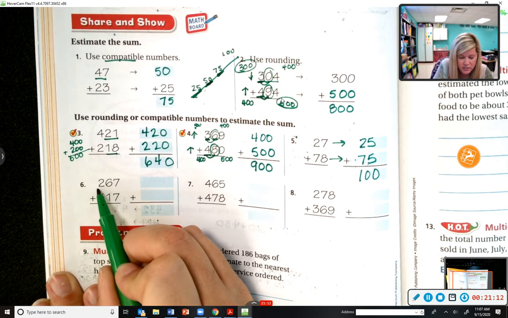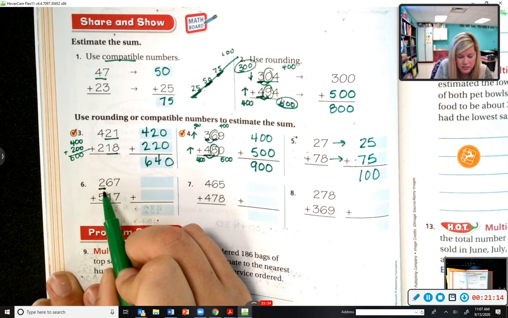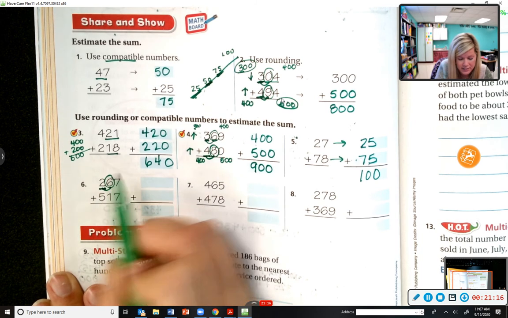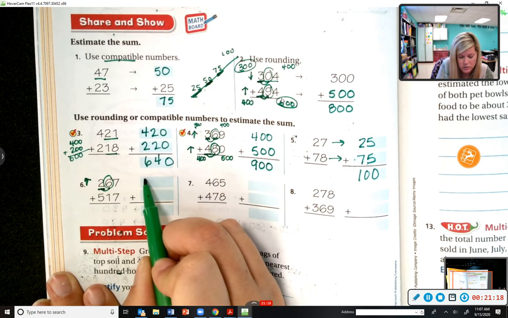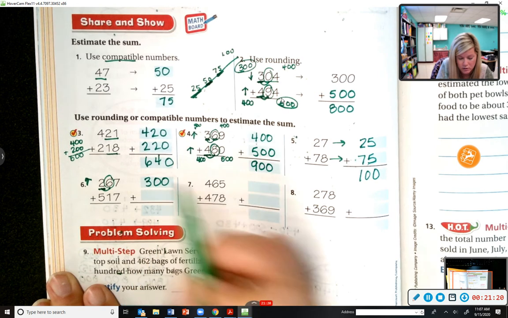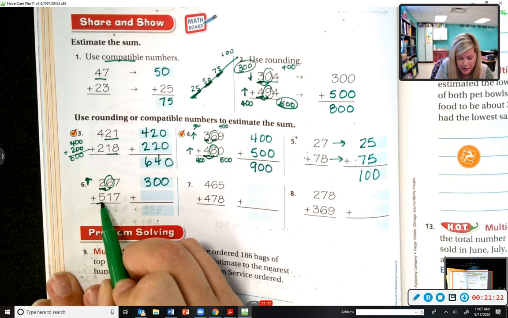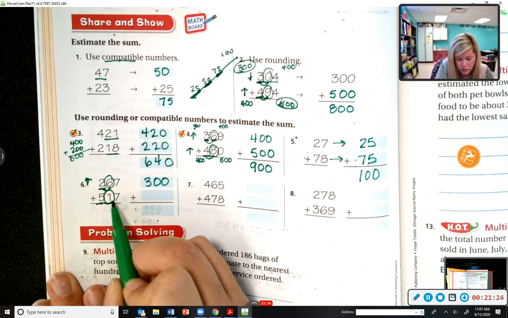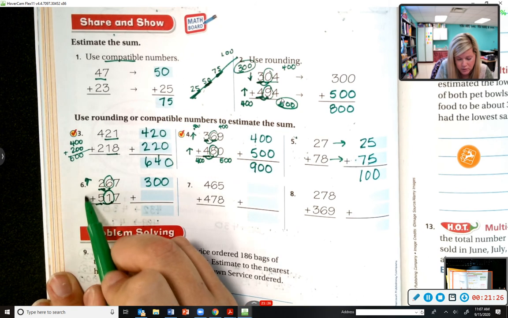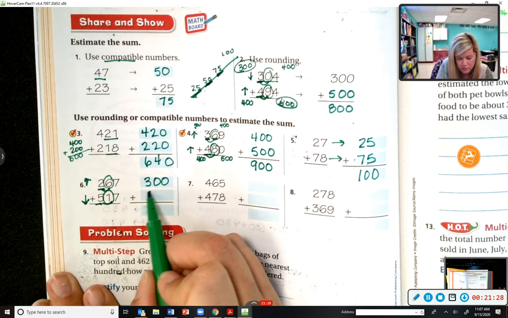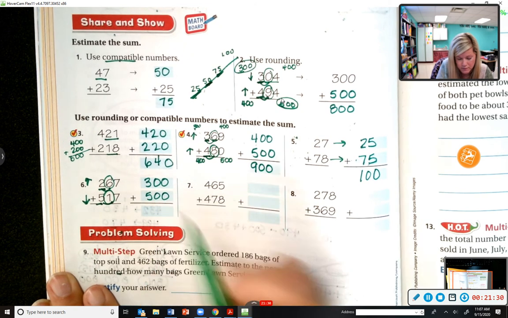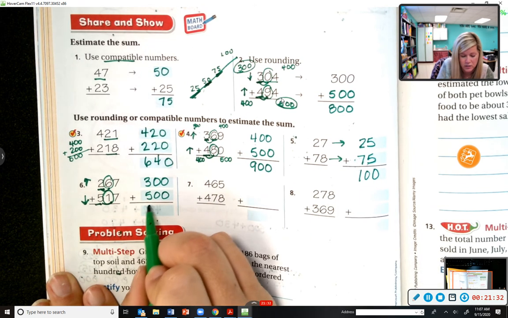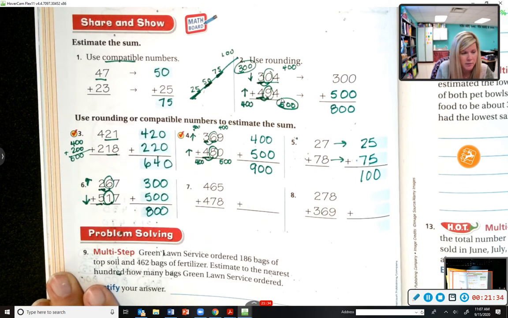And since it goes to the hundreds place, I'm going to round to the nearest hundred. 6 tells me to round up, so this would go up to 300. 5, and I look next door. This is less than 5, so that tells me to round down to 500. Okay, so my estimate was 800.